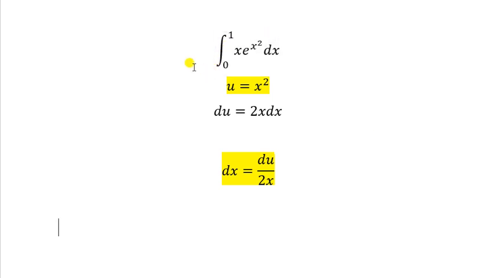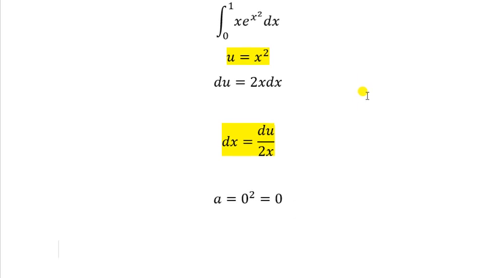Remember that in a general integral, the lower limit will be called a and the upper limit will be called b. So in this case, a equals, we take the u equation we just got and substitute x with the lower limit, which is 0. So it will be 0 squared, which equals just 0. So it will be the same. And let's find b too.